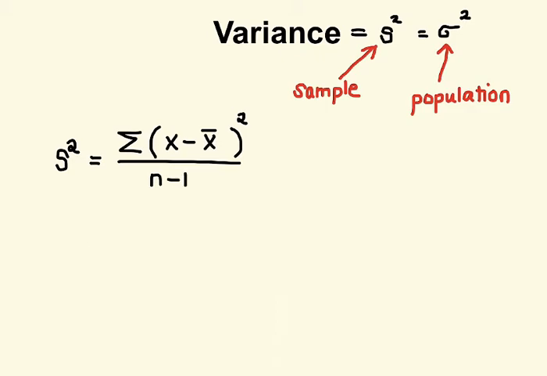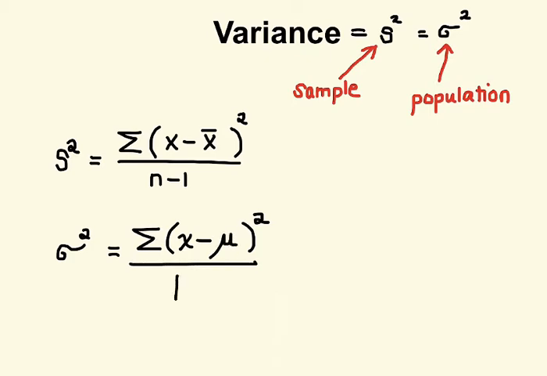And if we're talking about a population, the population variance is written this way: it is the sum of, that means adding up, all the values squared, each population value minus the average in the population, divided by capital N, which is the size of the population. So basically, the variance for any population or sample is simply equal to the square of the standard deviation of the population or the sample.